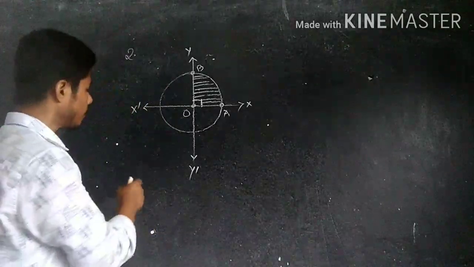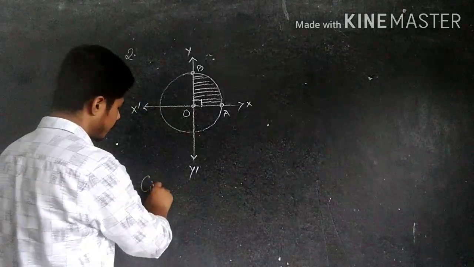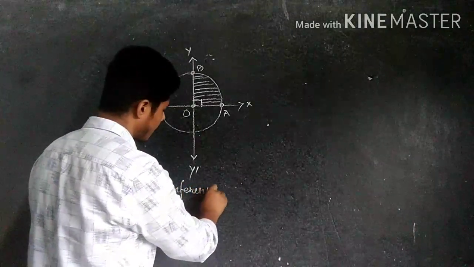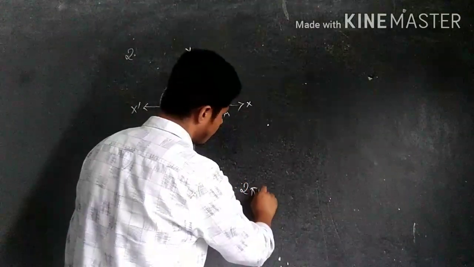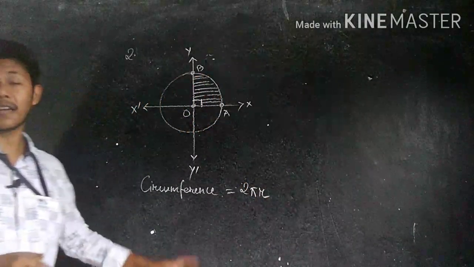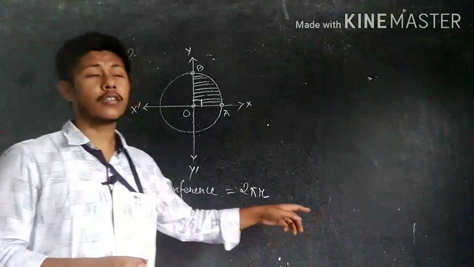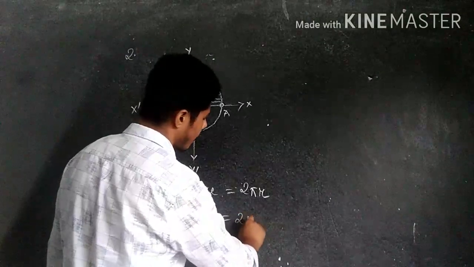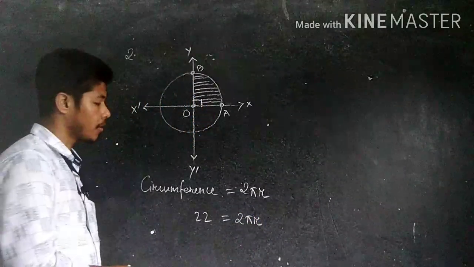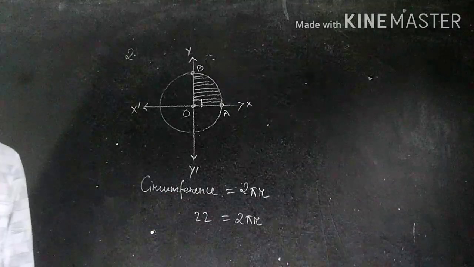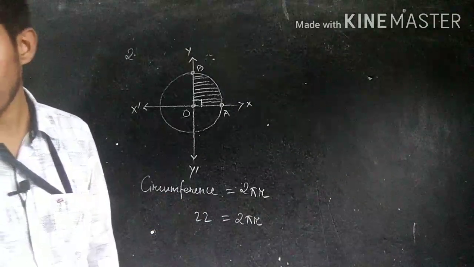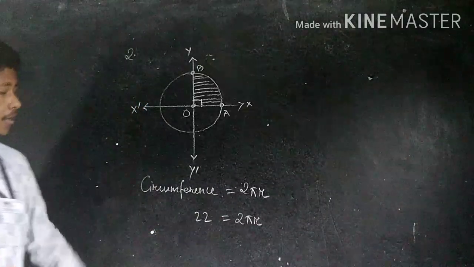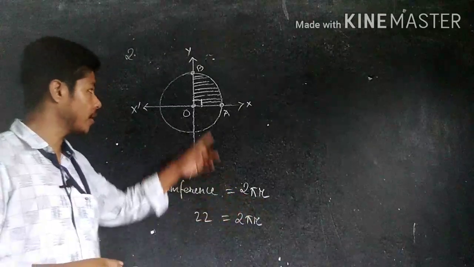So the circumference equals 2 pi r. The circumference formula is 2 pi r. The circumference given to you is 22 centimeter, so we can write 22 equals 2 pi r, where r is the radius.